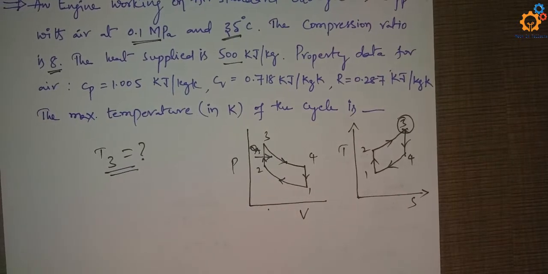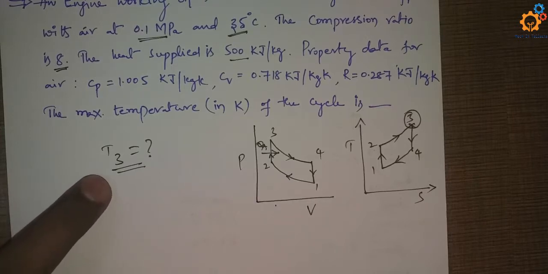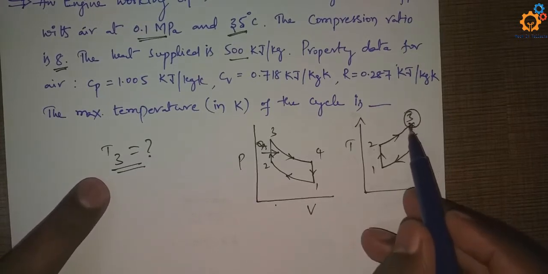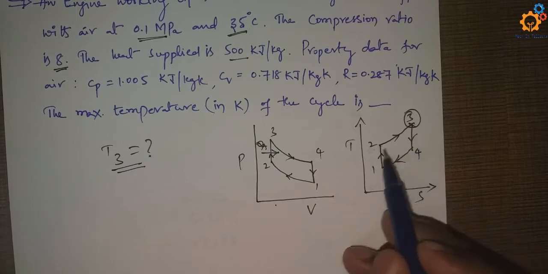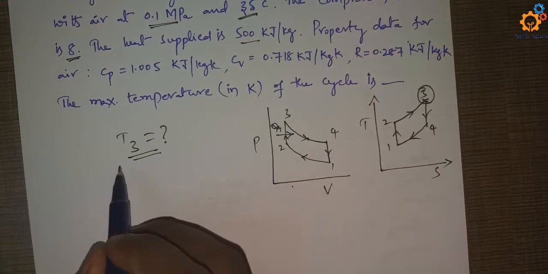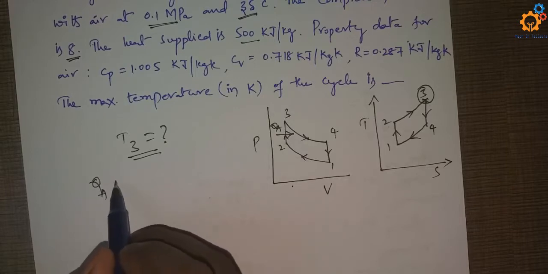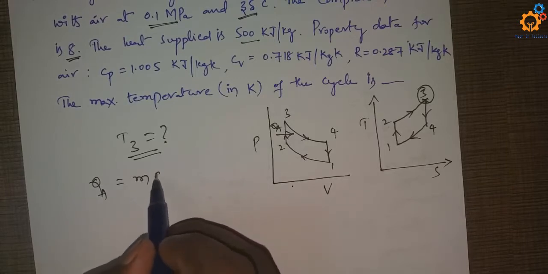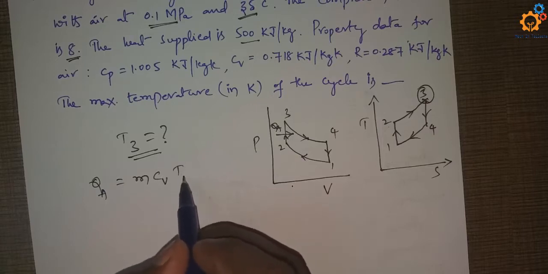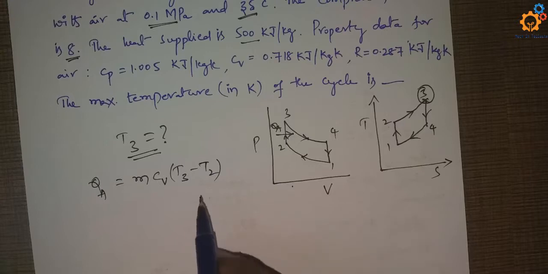How to get this temperature in the cycle? See, this 2 to 3 is heat addition process at constant volume. What is heat addition at constant volume? That is QA is equal to mCv (T3 minus T2), final temperature minus initial temperature.